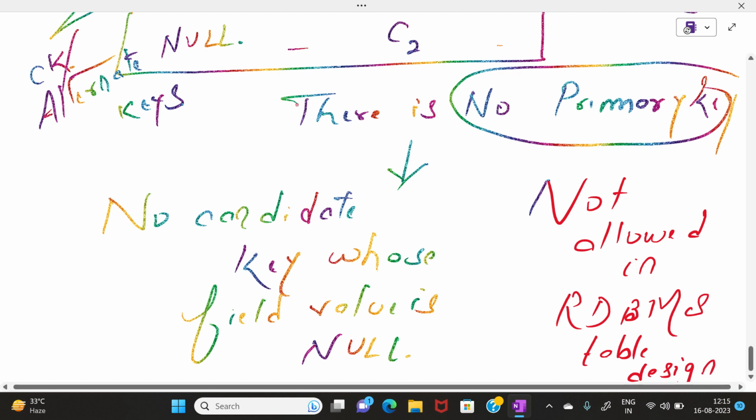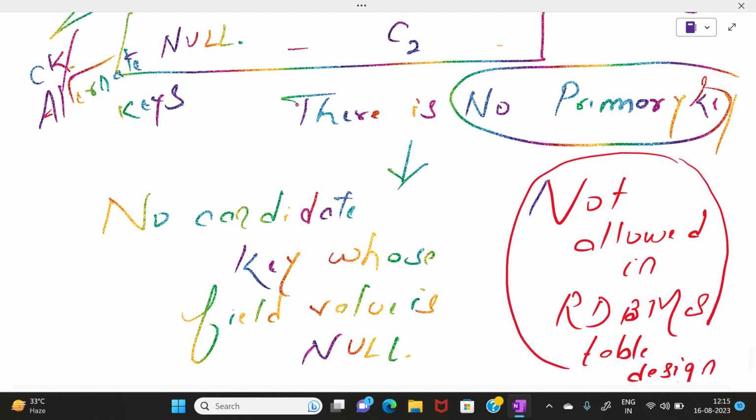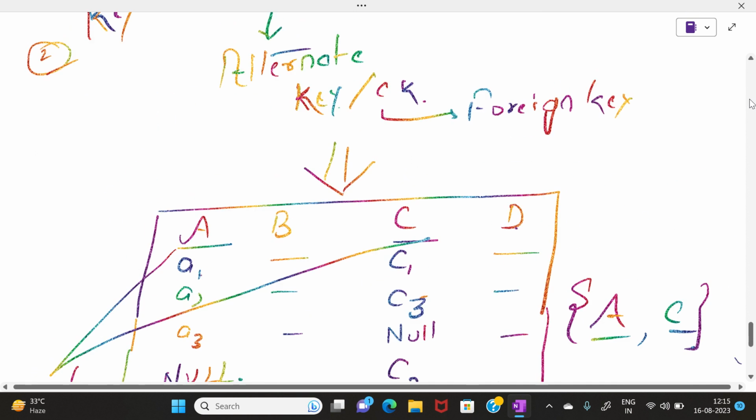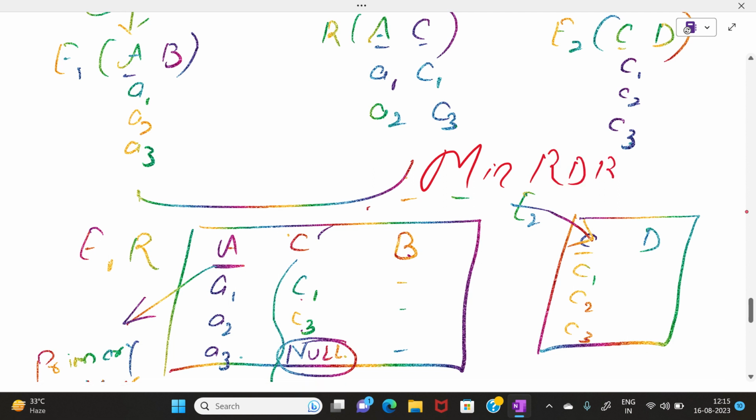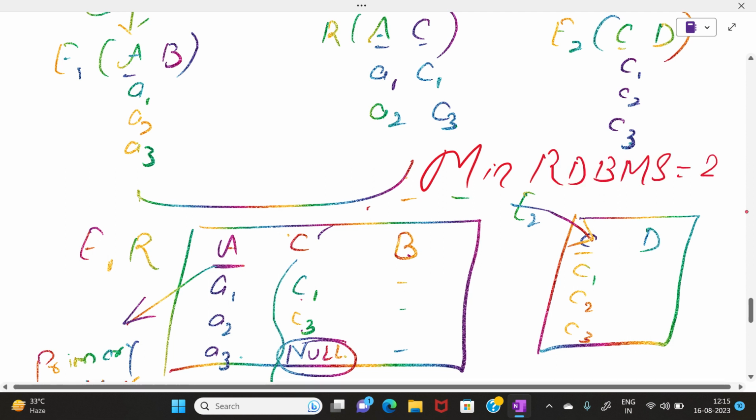So that is why we can't have the minimum configuration, minimum table as 1. Okay, so for this also our minimum RDBMS table count will be equal to 2.